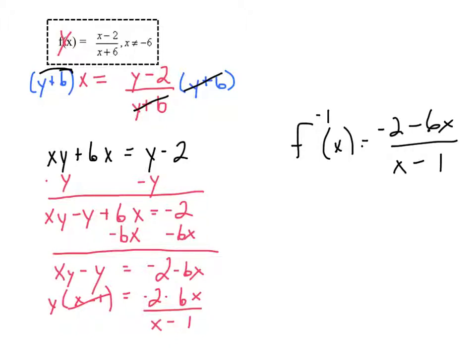Clean that up. Now one last thing I just wanted to point out, and this isn't overly important right now, but I want you to see, remember in the original equation the domain was x can't be negative 6. You learned some rules in pre-calc for finding a horizontal asymptote. And the rules were, if the highest power is on the bottom, the asymptote is 0. If the highest power is on the top, there's no asymptote.